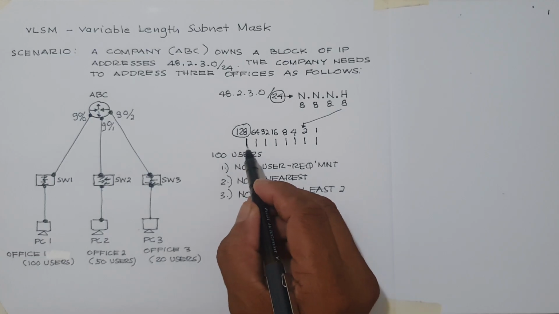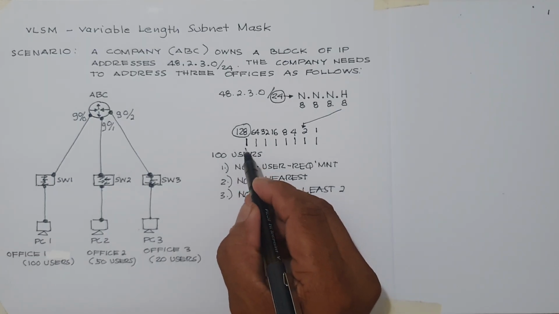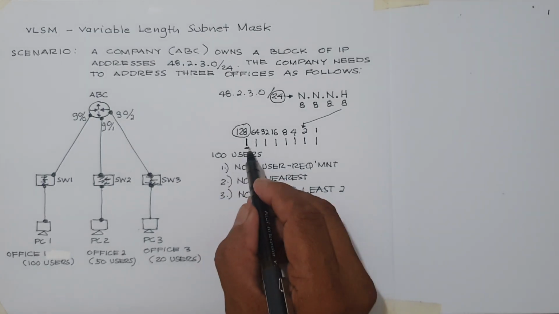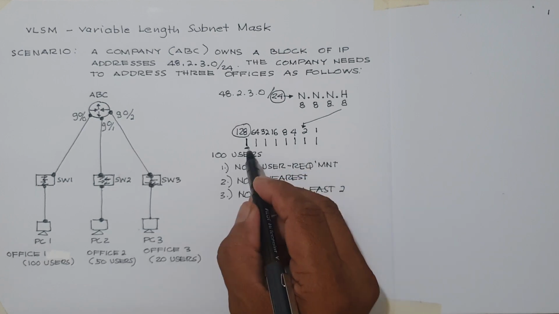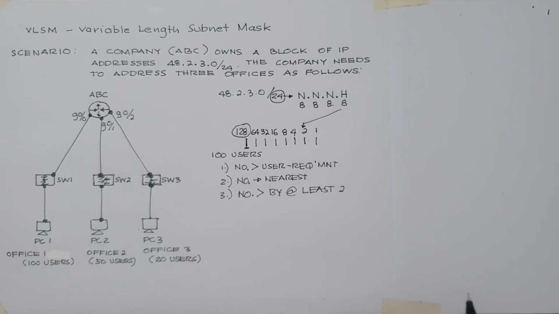To its left there's no more bit here, so we'll just be borrowing one bit to be able to support this. We borrow one bit from the host, and this one bit becomes a part of the network.